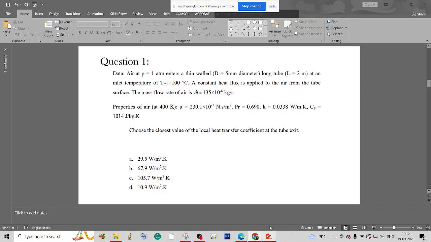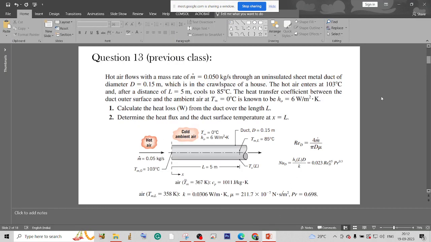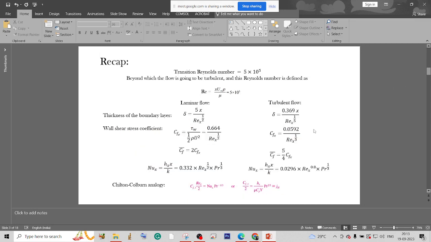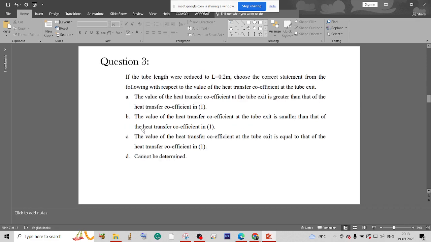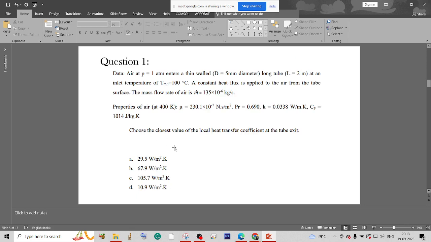So for constant heat flux, we have already seen that this equation will be applied. For constant heat flux, the Nusselt number will be 4.36, right? So h d by k is 4.36. So h is equal to 4.36 into k by d.